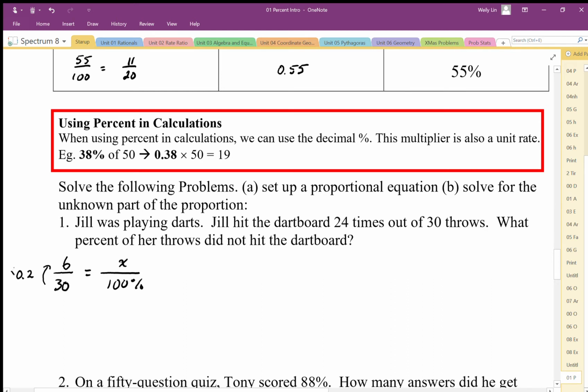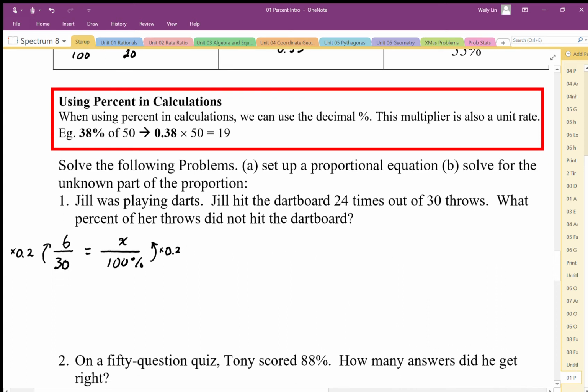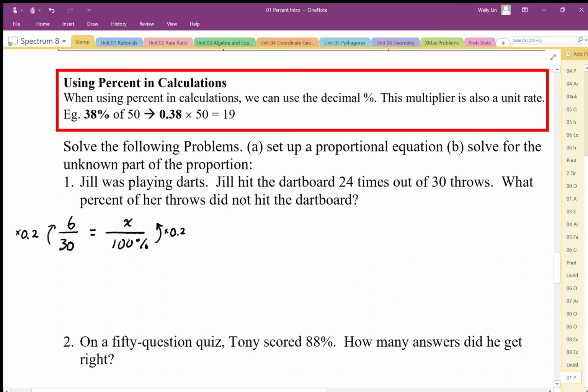So there's my up and down multiplier. That up and down multiplier happens to be my up and down multiplier on this side, and it happens to be the decimal percentage. It's not that it happens, it's always the decimal percentage. That up and down multiplier is my decimal percentage, which is also something we're going to see later as a unit rate. So the percentage that did not hit the dartboard is going to be 20%. Okay, 20% missed the dartboard.